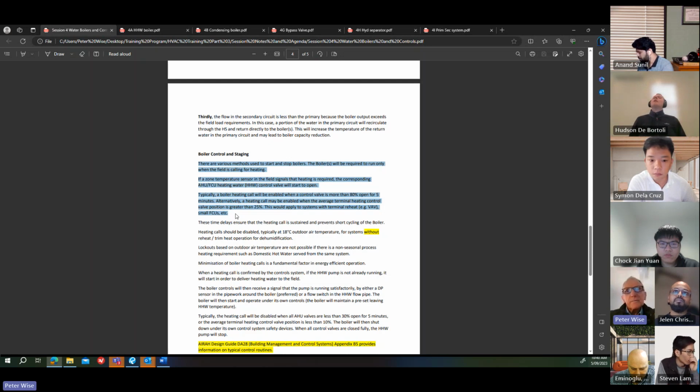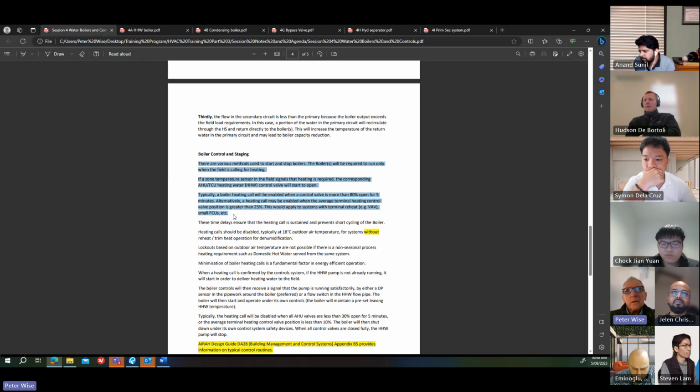So what it's saying is the valve has to be open 80% for 5 minutes before the control system, the BMS DDC, actually sends a signal to the boiler that it wants it to start. Alternatively, a heating coil may be enabled when the average terminal heating control valve position is greater than 25%.